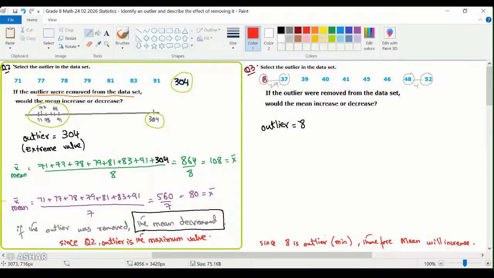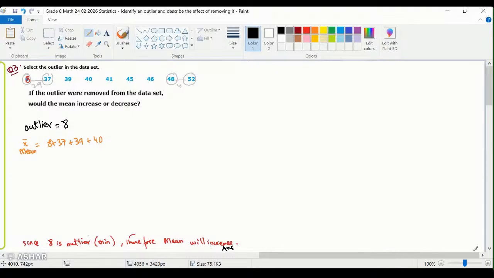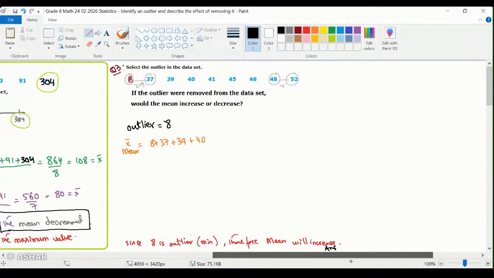Agreed? Let's prove this. If we find the mean with the outlier, 8 plus 37 plus 39 plus, we already gave the answer, right? This is our answer already. We're just trying to prove that our answer is correct.